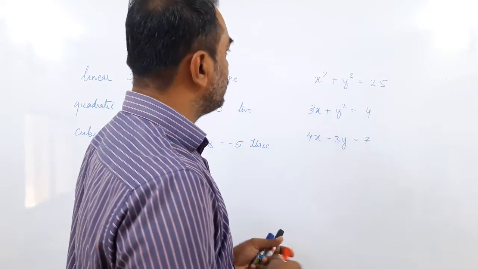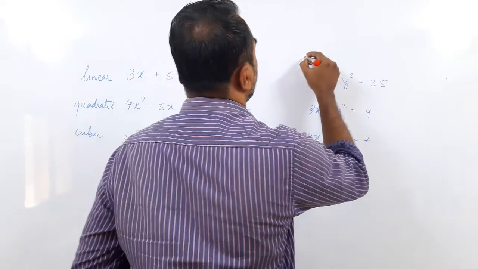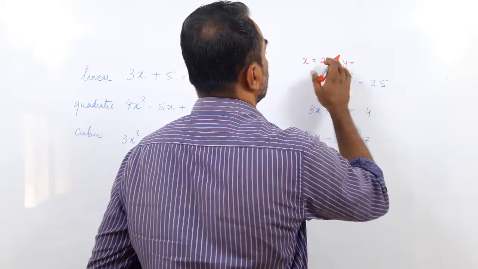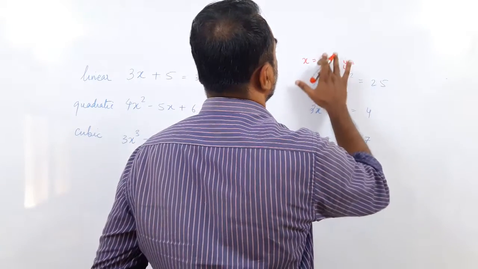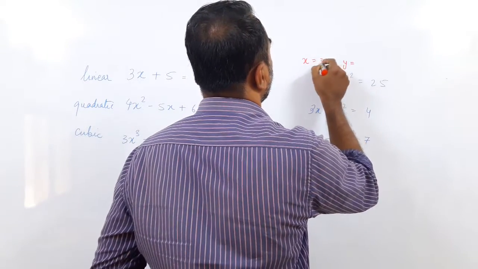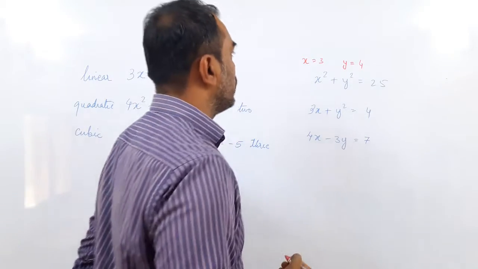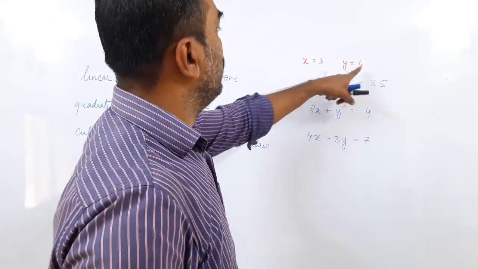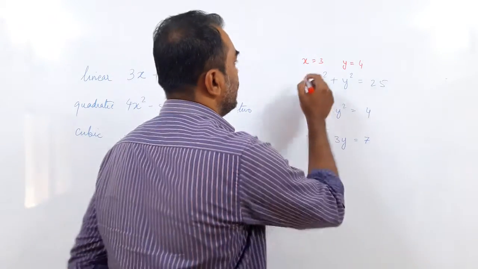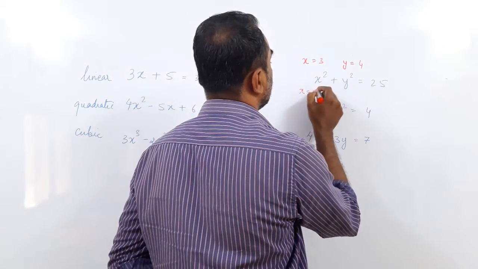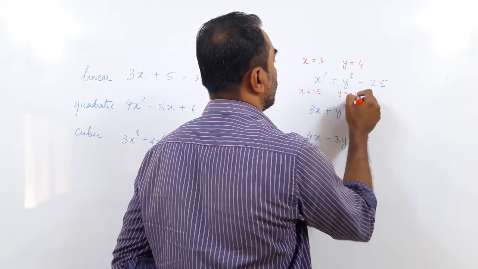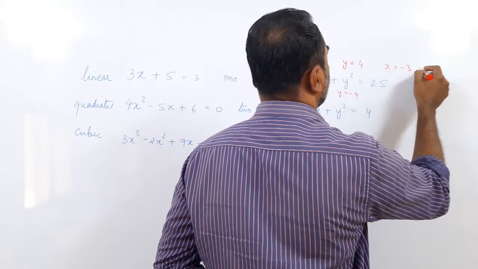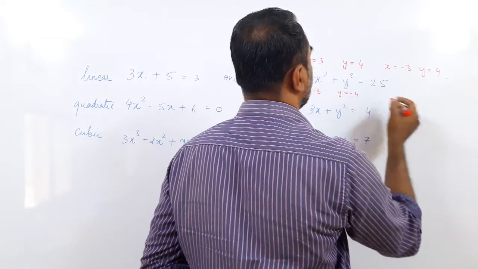For example, if I take x equal to 3 and y equal to 4, you can see 3 square is 9, 4 square is 16, 25. If I take x equal to minus 3, y equal to minus 4, even then it is true. If I take x equal to minus 3, y equal to 4, it is true.